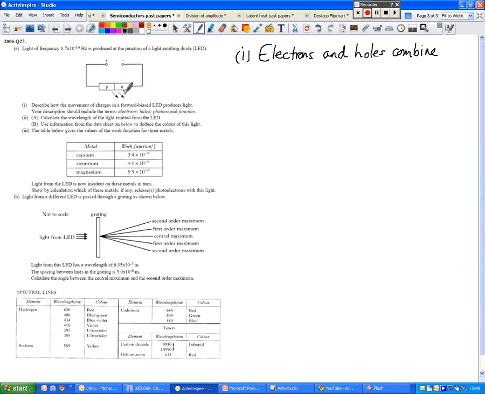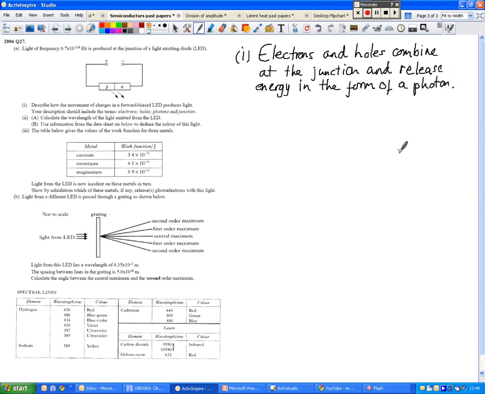So electrons and holes combine at the junction and release energy in the form of a photon. That's the simplest way to say that.